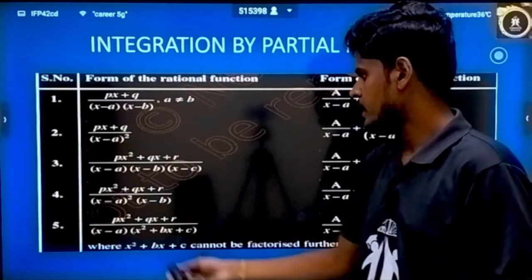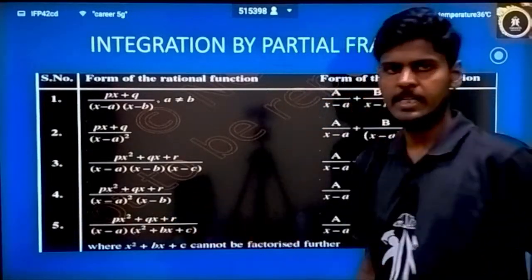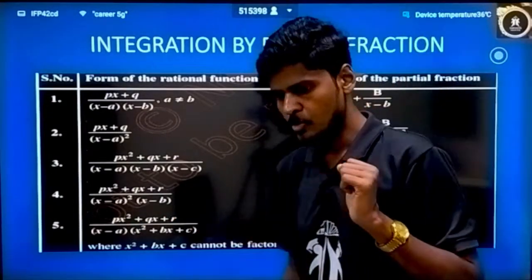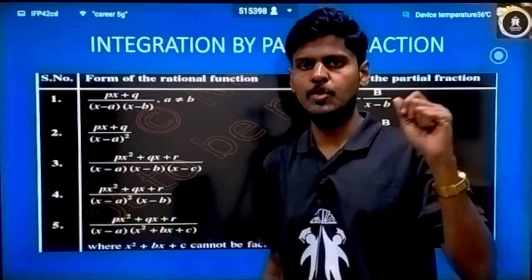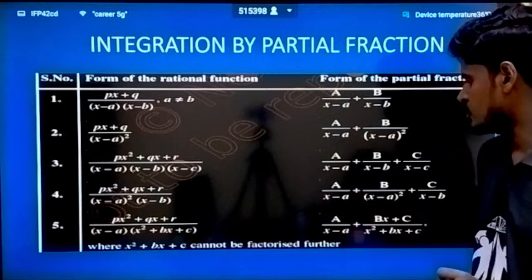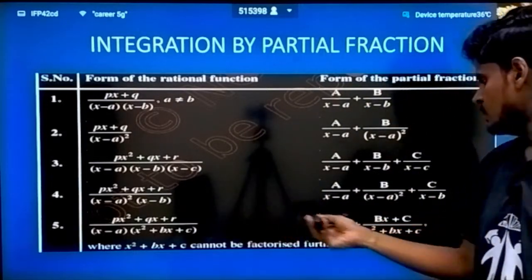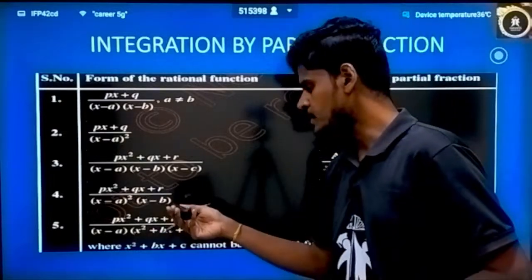Next one is, again, the degree of the numerator is 2, the denominator is 3, but this factor cannot be factorized. We already know how to factorize a quadratic expression, but sometimes if the quadratic expression cannot be factorized, then we will use this method to split. What is that? We will write A by (x - a) plus, this term cannot be factorized.